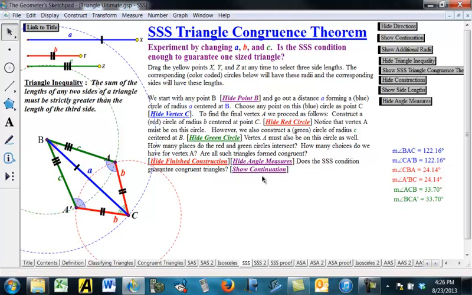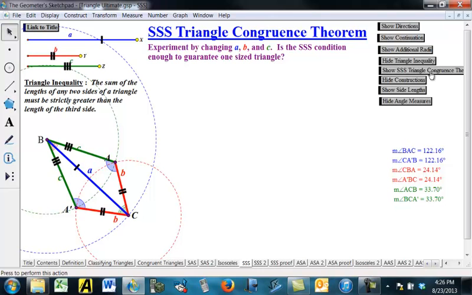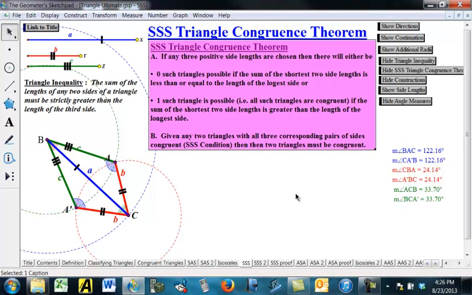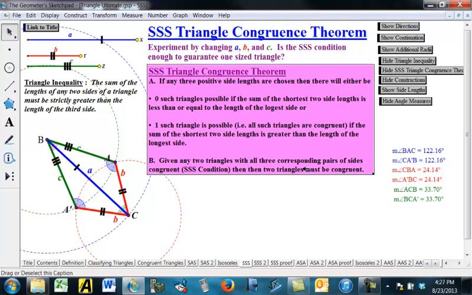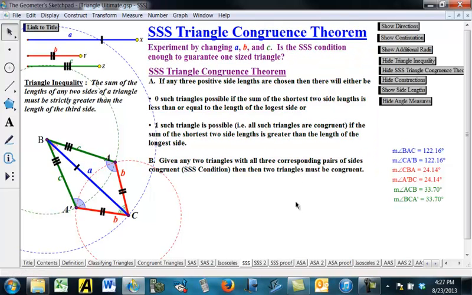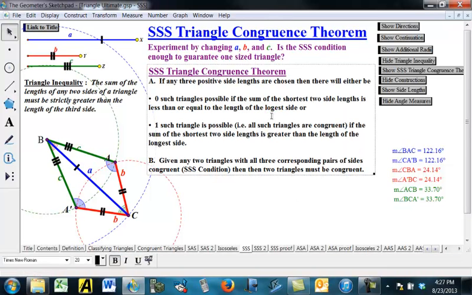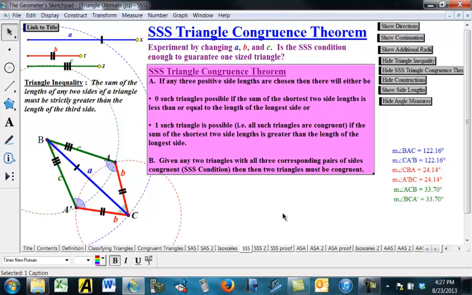So I'm going to hide the directions, and I want to show the actual theorem. It says here, if any three positive side lengths are chosen, then there will either be 0 such triangles possible, and that will happen if the sum of the two shortest side lengths is less than or equal to the length of the longest side, or you'll get one triangle possible.